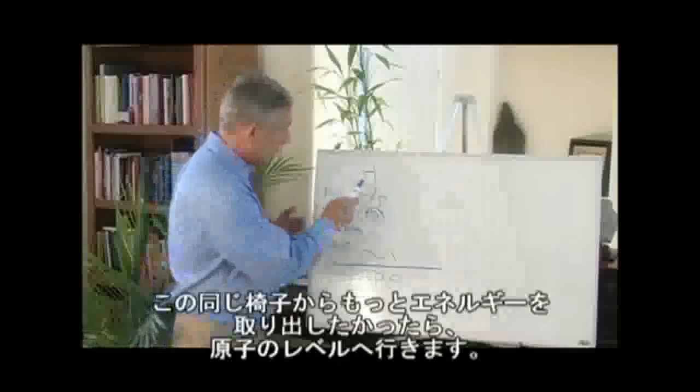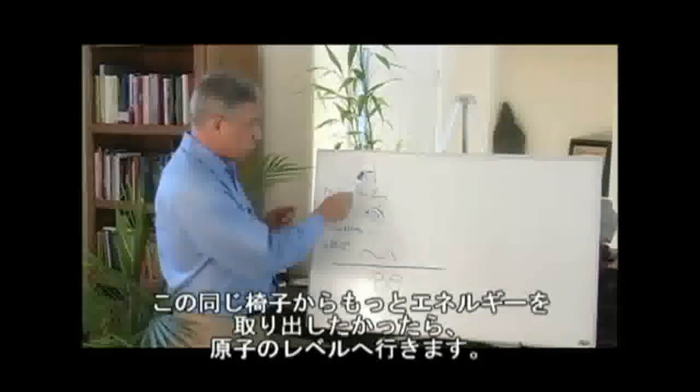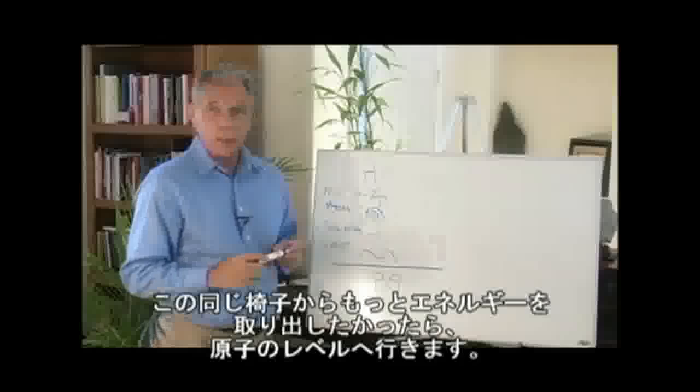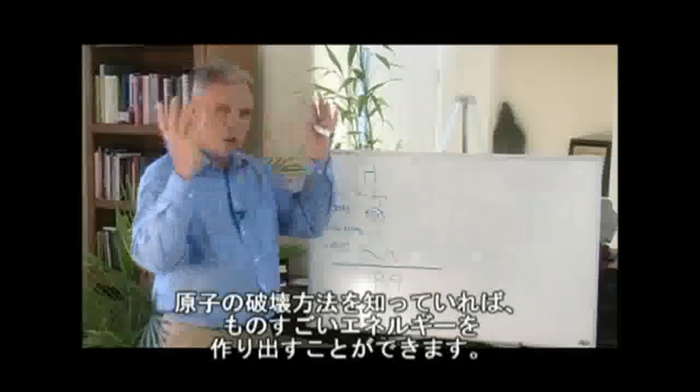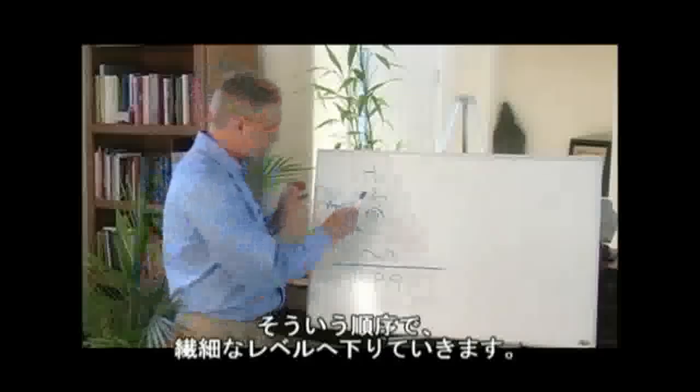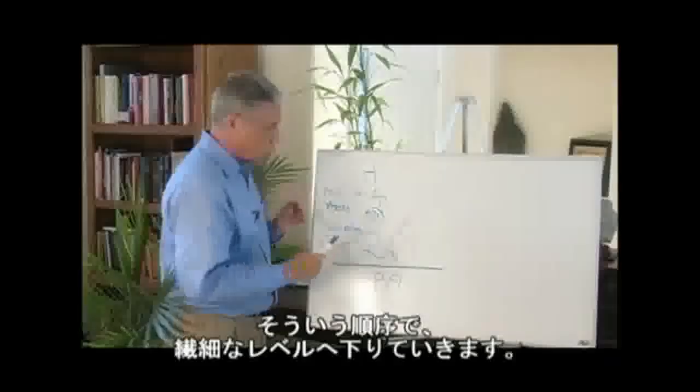Okay? If you wanted to get even more energy out of the chair, you could go to the atomic level. If you knew how to split the atoms of the chair, you could release huge amounts of energy. And so it goes on down through the finer levels.